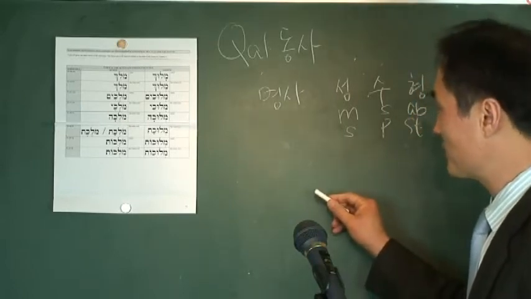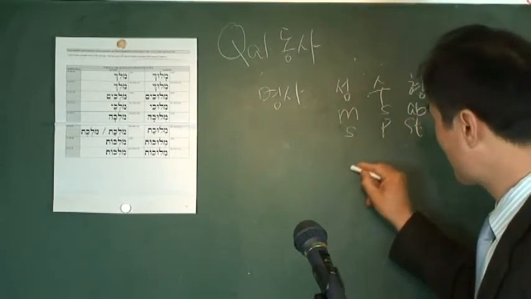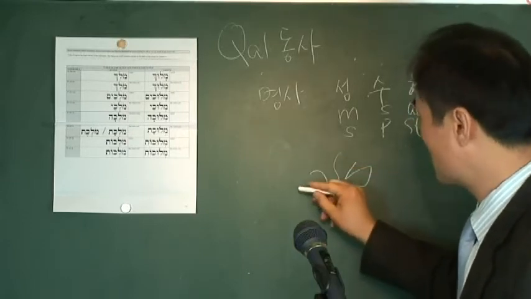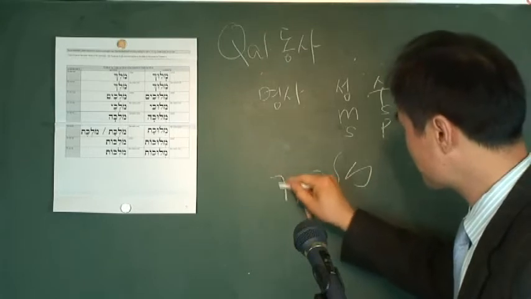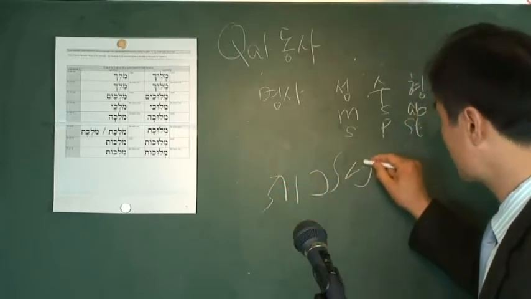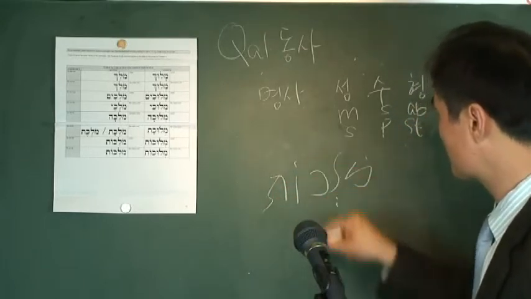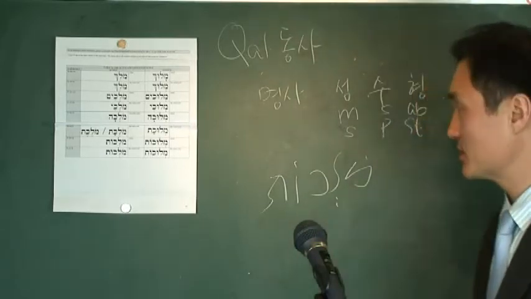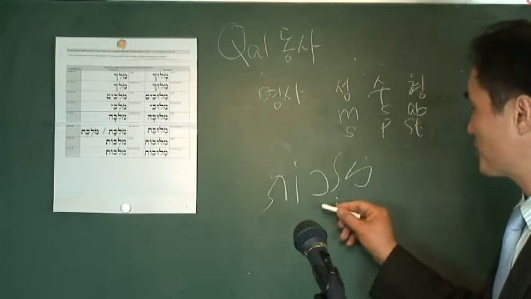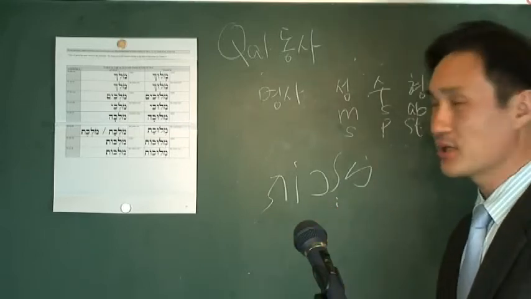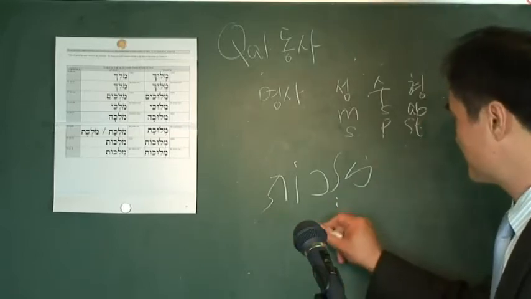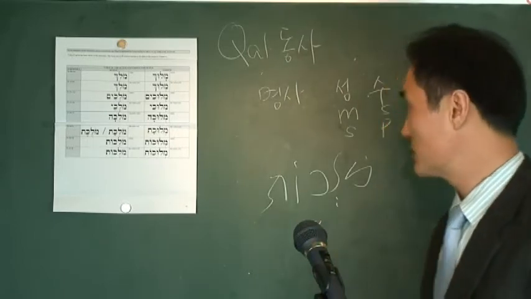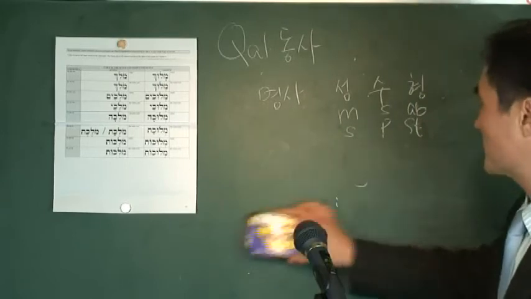Next, the feminine plural form. The ending ot is added to the feminine plural form. Hence, it would be molekot. The absolute state and the construct state of the feminine plural are the same.